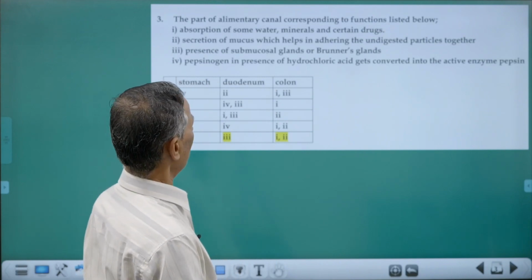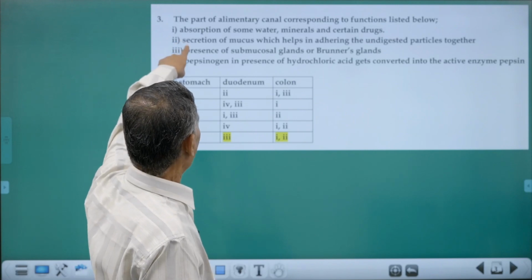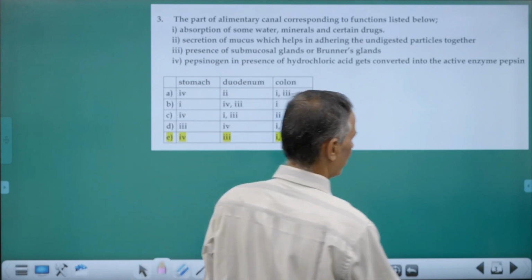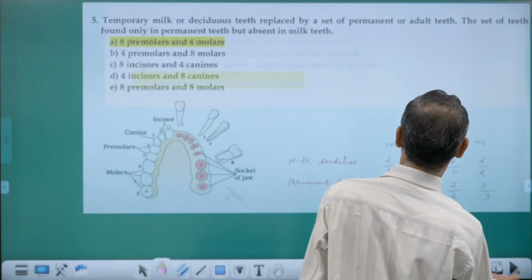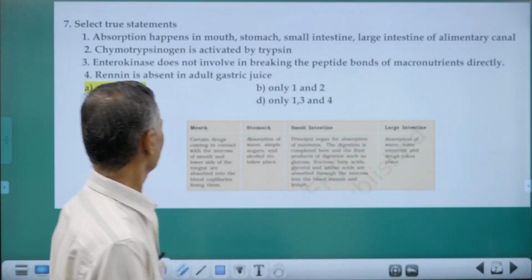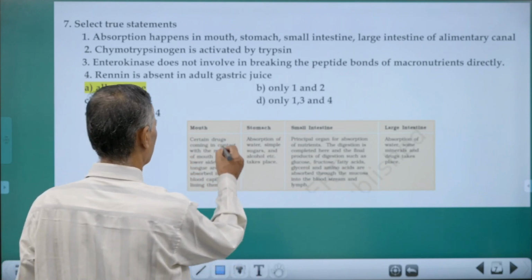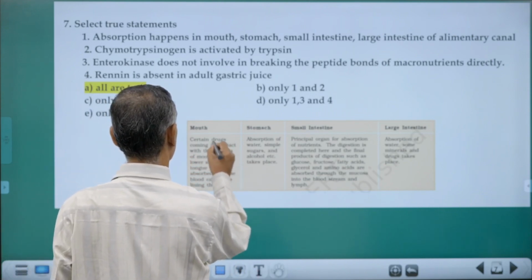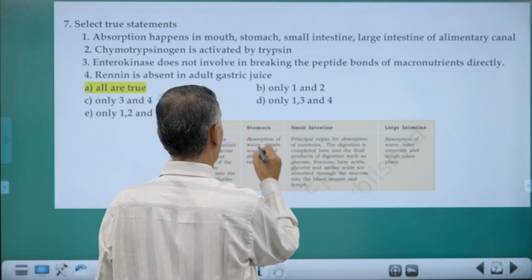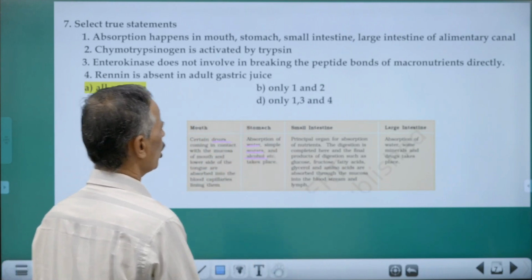Part of the alimentary canal corresponding to functions listed below. Absorption of some water, minerals and certain drugs. We'll be having a chart here. Drugs come in contact with the mucus. In the stomach, we are having water, sugar and alcohol absorbed.